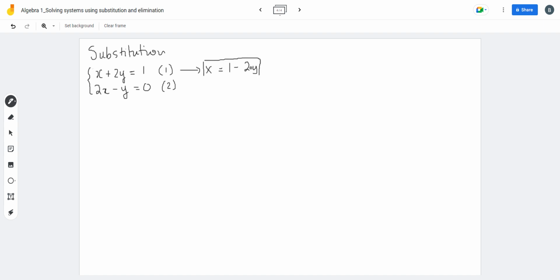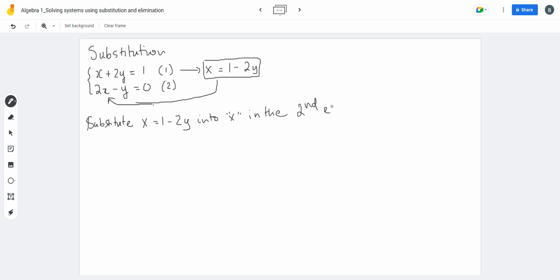I'm going to replace x with 1 minus 2y in the second equation, so we're going to substitute x equal to 1 minus 2y into equation number 2 here.